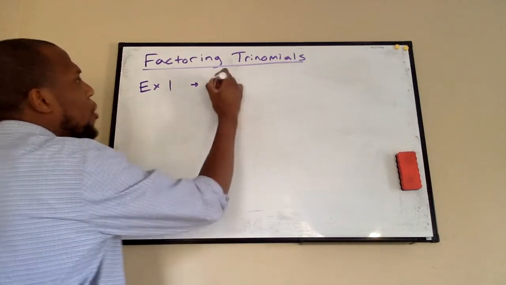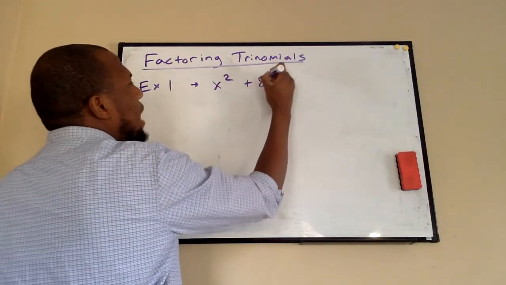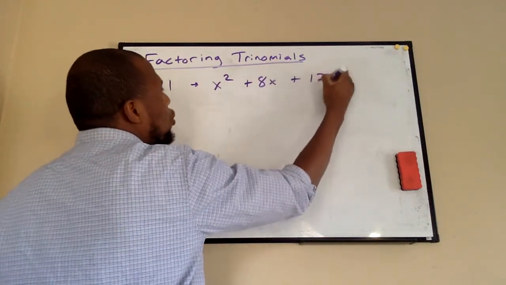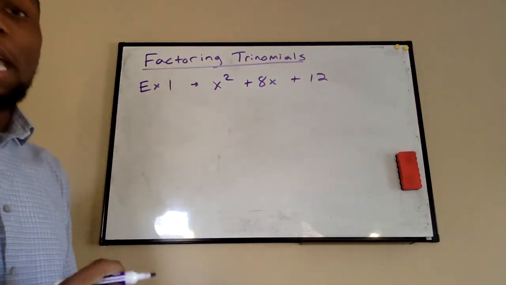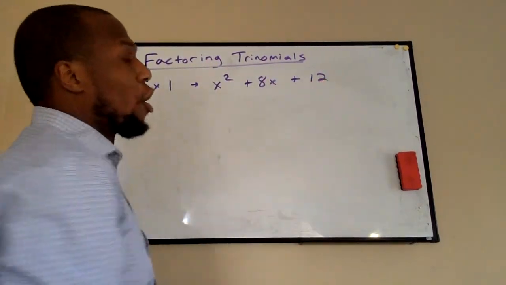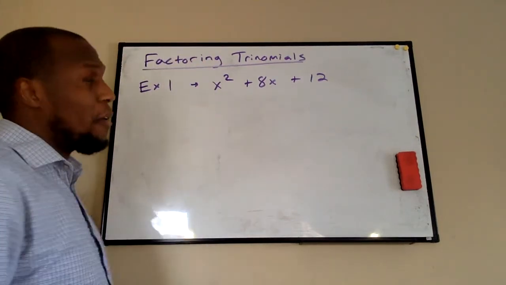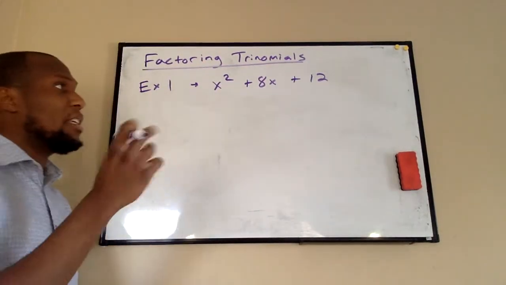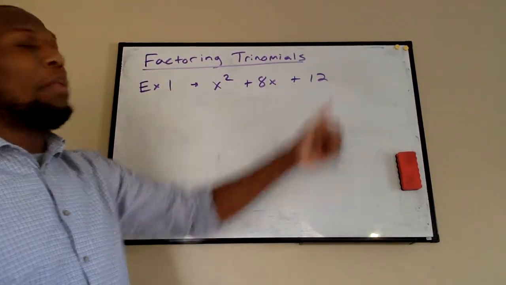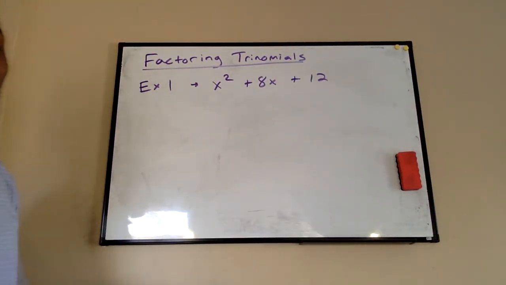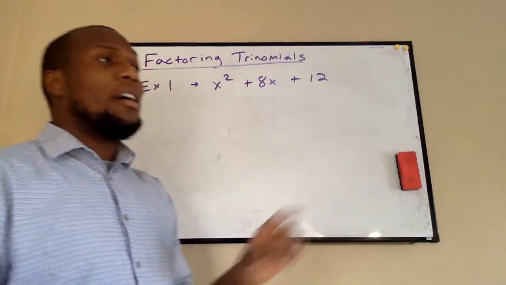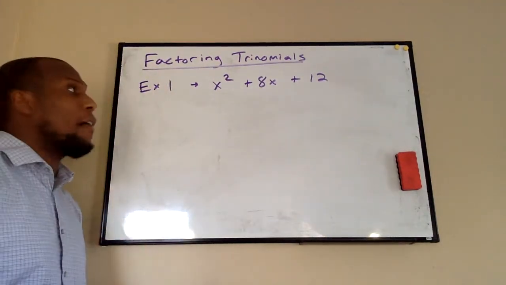So in this first example, we're presented with the trinomial x squared plus 8x plus 12. The key thing is looking at that constant term, that last term that doesn't have a variable with it. Both of our factors need to contain numbers that multiply to that last number. So that's going to be a key indicator of the sign of our factors.